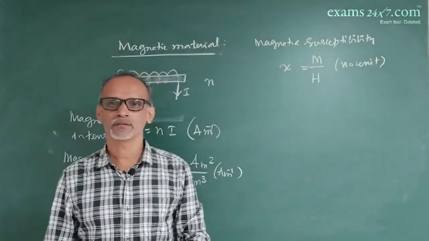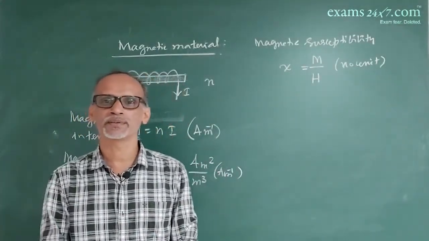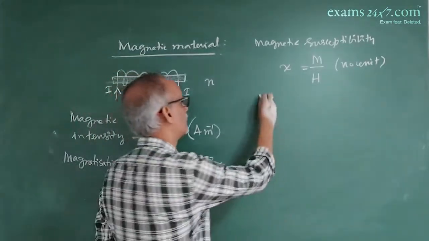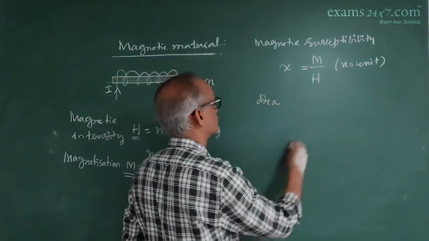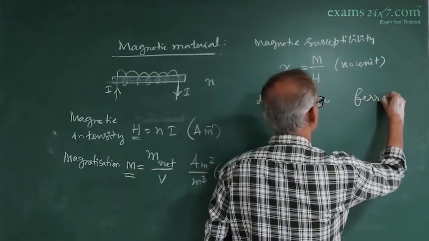Based on the magnetization that is attained, magnetic materials are classified into three substances: diamagnetic substances, paramagnetic substances, and then ferromagnetic substances.